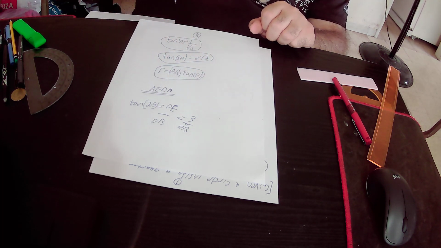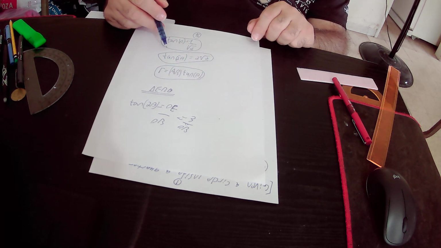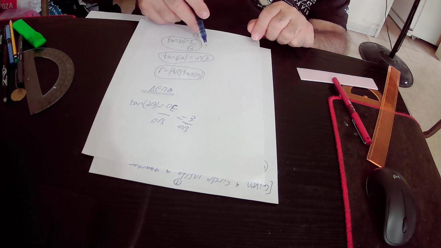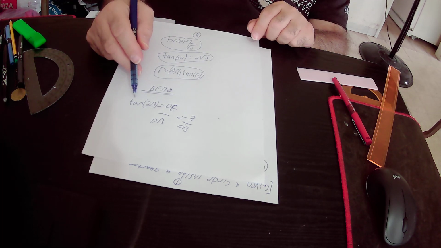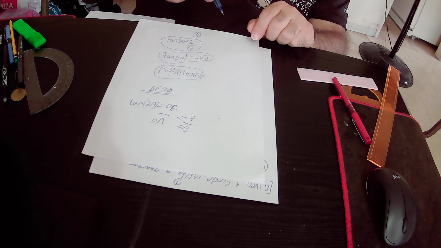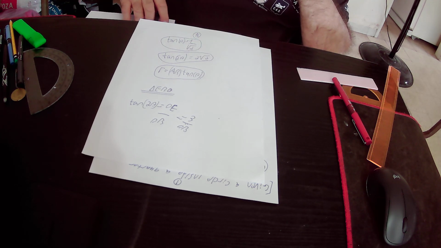Okay? But we have already found out that tangent theta equals 2 times root 2, so we can substitute tangent theta by 2 times root 2.